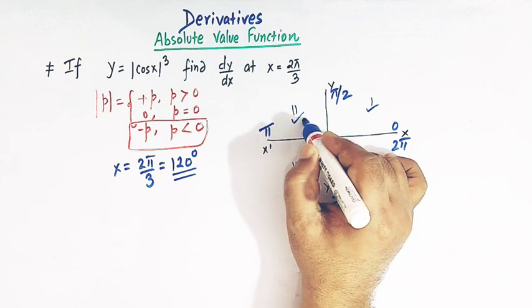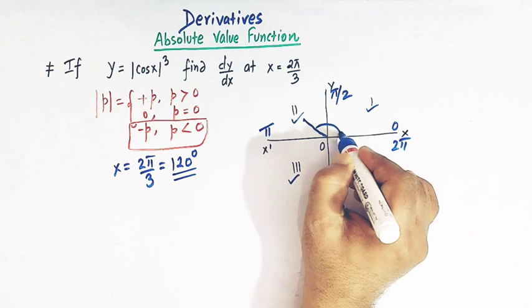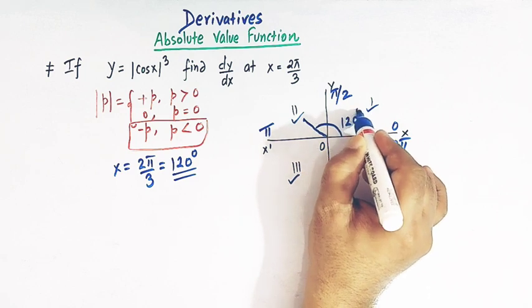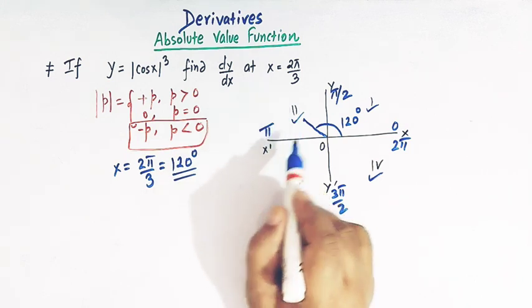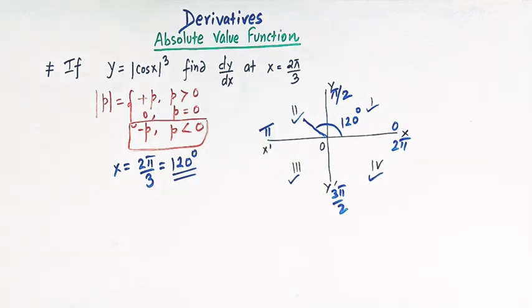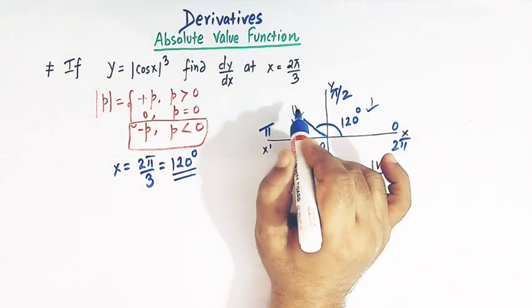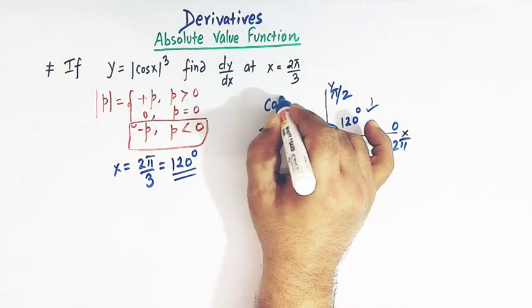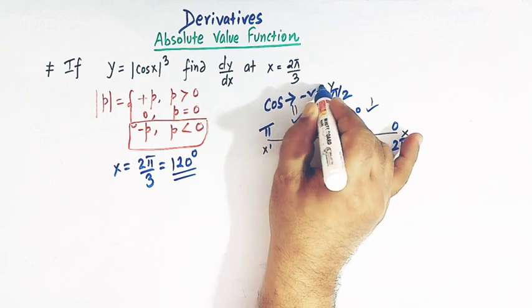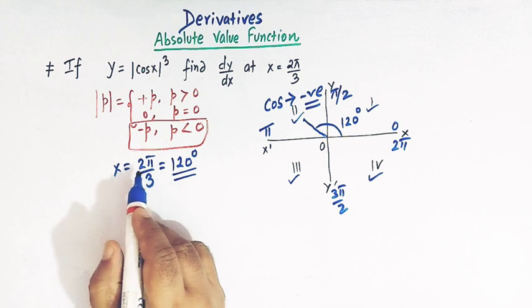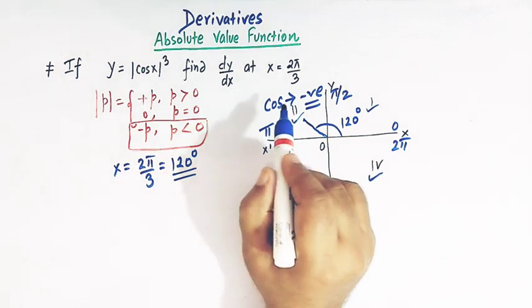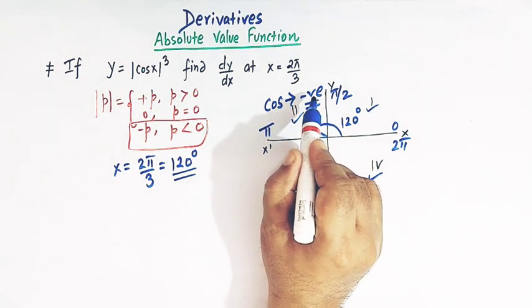So this angle x lies in the second quadrant, and from trigonometry we know that in the second quadrant the cosine function is negative. So in the neighborhood of this angle 2 pi by 3, this cosine function is negative.